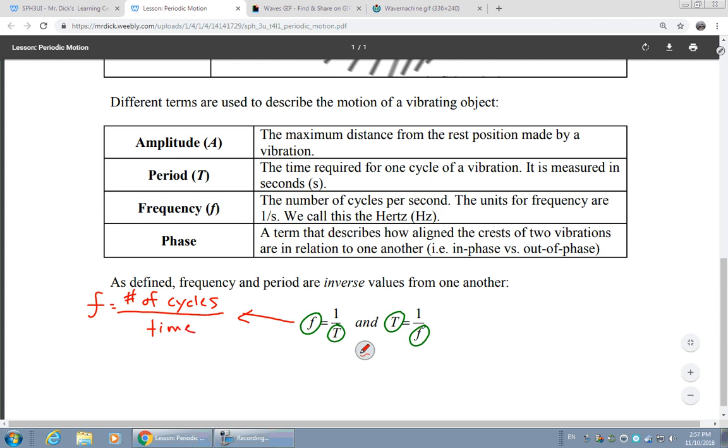And so that will tell us how many cycles it can complete in just 1 second. If we are trying to find period and we don't know the frequency, but we're just told how many cycles something completes and how long it takes, we can do the opposite. We can say that the time for just 1 cycle is going to be the time overall that it took divided by the number of cycles that were completed.